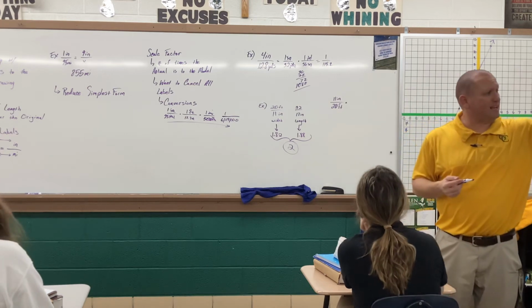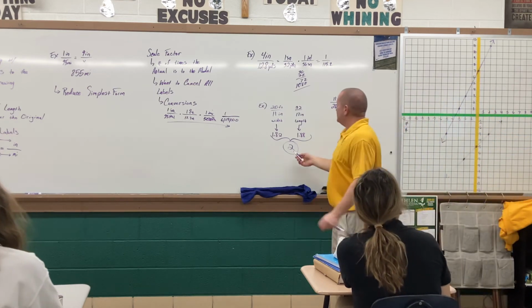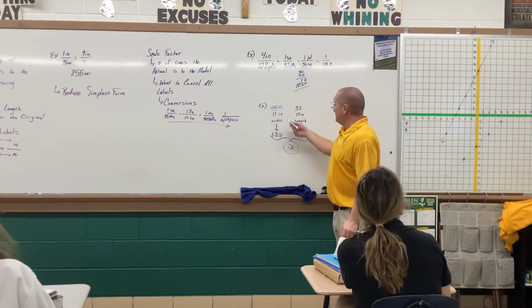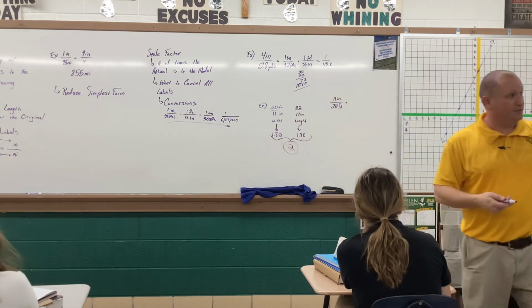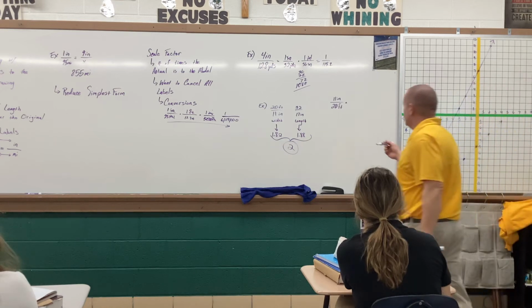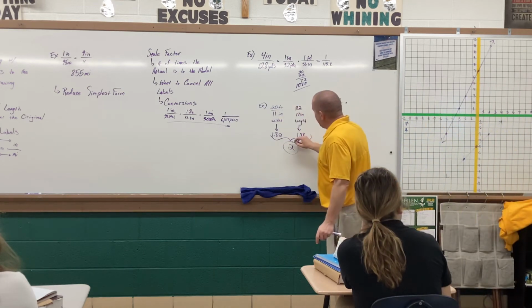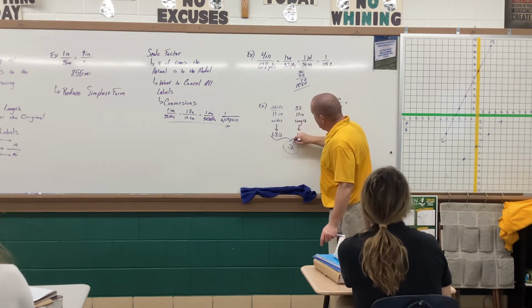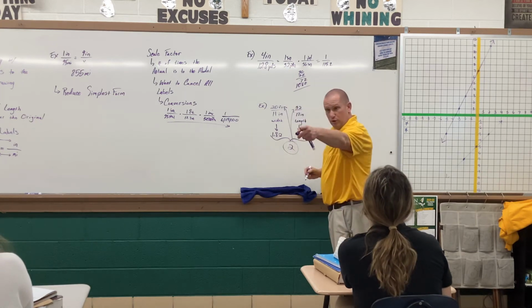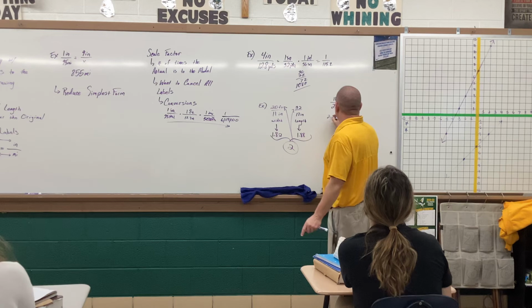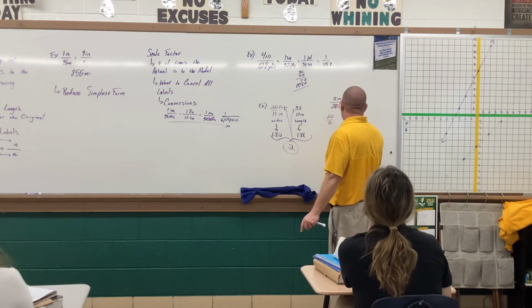So basically I'm saying that if I went back to this and I took 20 divided by 2, I would say how many inches do I have? 10, right? So I'm going to then take what I figured out back to my real world picture, and I'm going to take each one of them and divide by that.